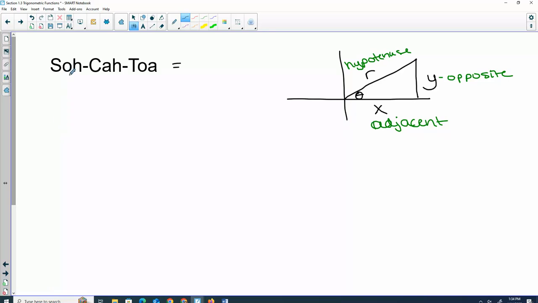So, we look at these letters. SOH tells us sine is opposite divided by hypotenuse.